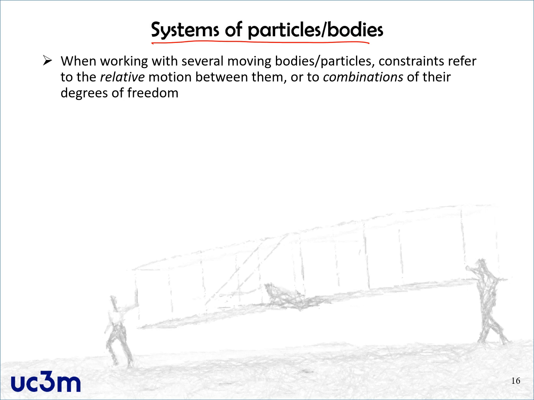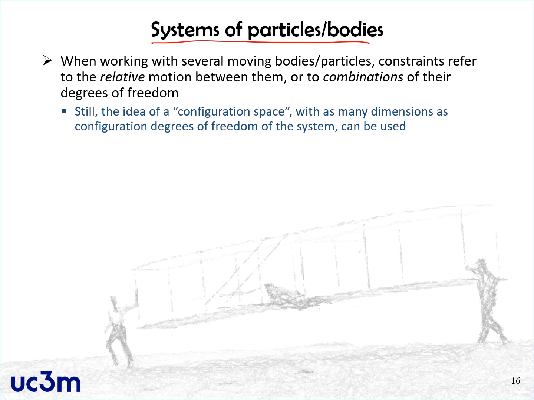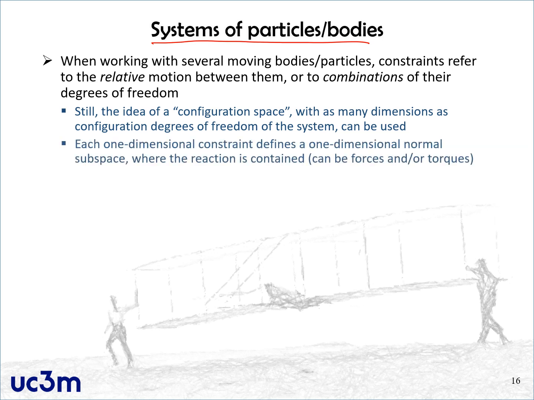But the same concepts that we have introduced in this lecture, which are in essence the same concepts that we saw in the lecture on the constraints of a point particle, also apply in that case. As I was saying, we can still define a configuration space with as many dimensions as configuration degrees of freedom.